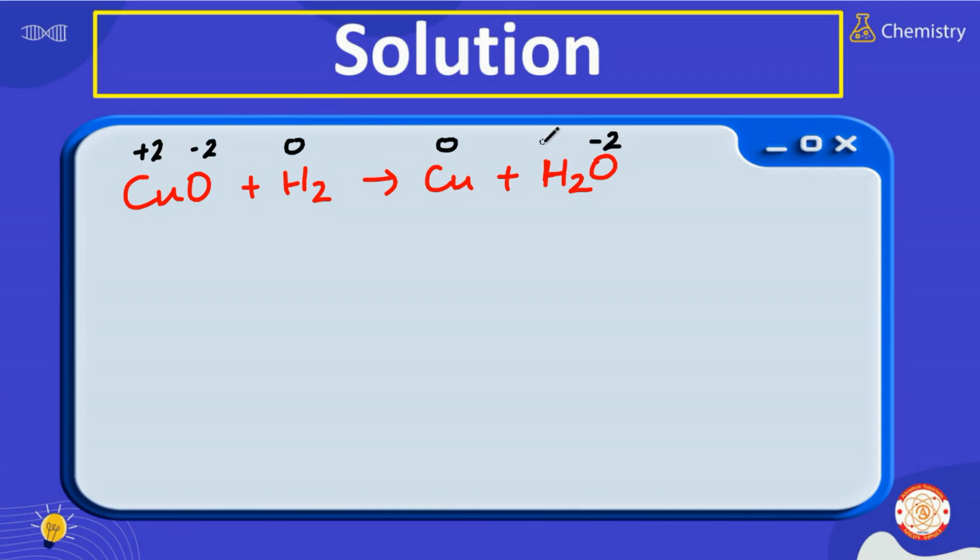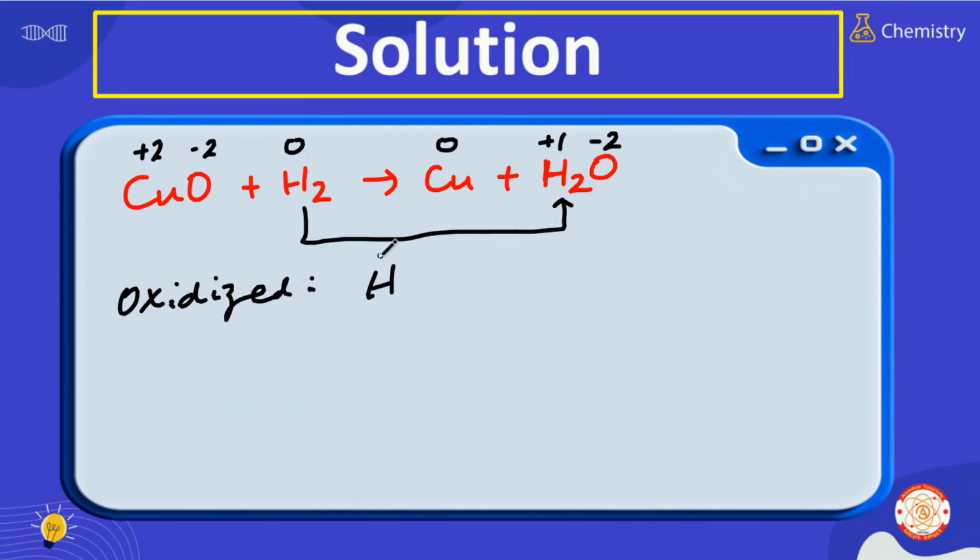Oxygen has -2, hydrogen has +1, right? So hydrogen going from 0 to +1, it is an increase in oxidation number. Therefore, hydrogen has been what? Has been oxidized.